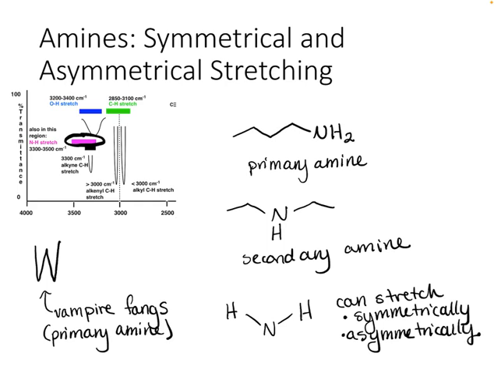So half of the amine molecules in your sample might be stretching symmetrically, the other half might stretch asymmetrically, and that's going to give different frequencies or different wave numbers. So these vampire fangs are due to that symmetric and asymmetric stretching.